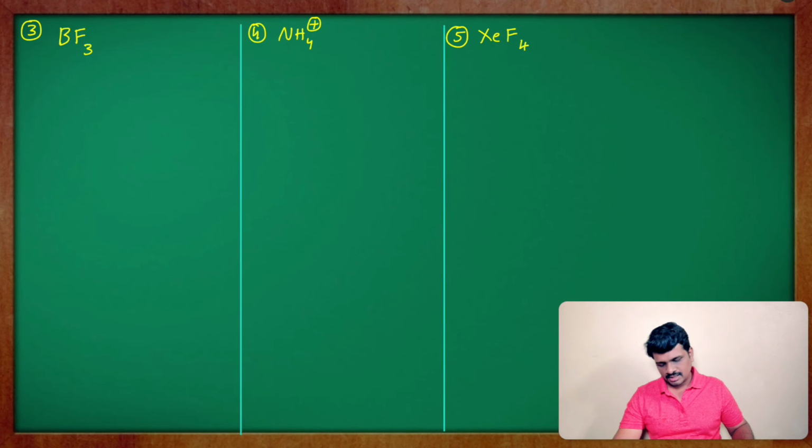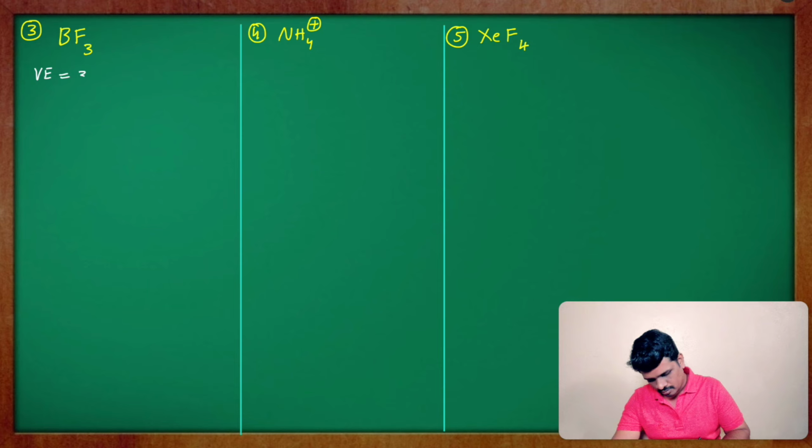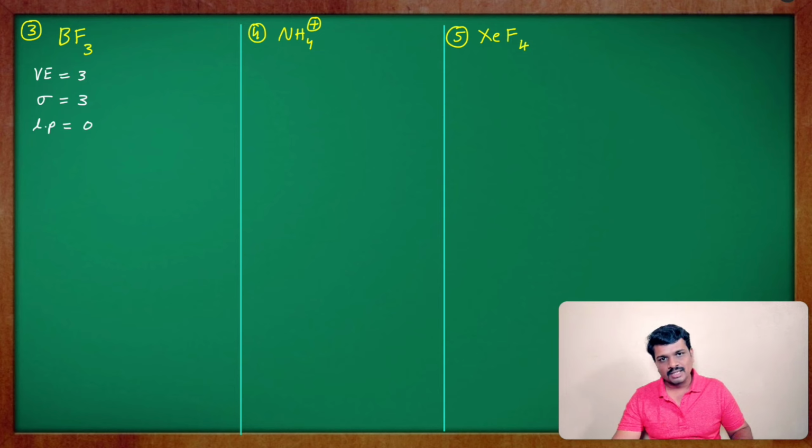The third example is the BF3 molecule. In case of BF3, the central atom is boron, so valence electrons will be equal to 3. What is the number of sigma bonds around the central atom? It is 3, right? Because the terminal atoms, that is fluorine atoms, are 3. Is there any lone pair? There are no lone pairs, because 3 valence electrons are there and already 3 sigma bonds are present. 3 minus 3 is 0.